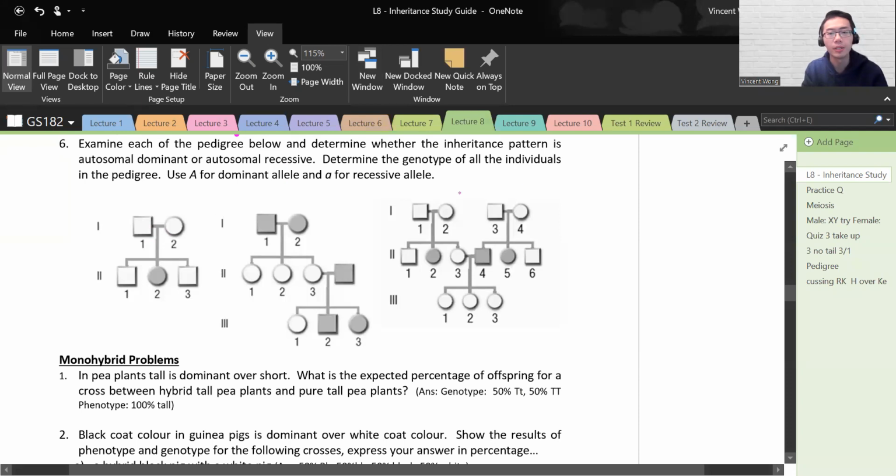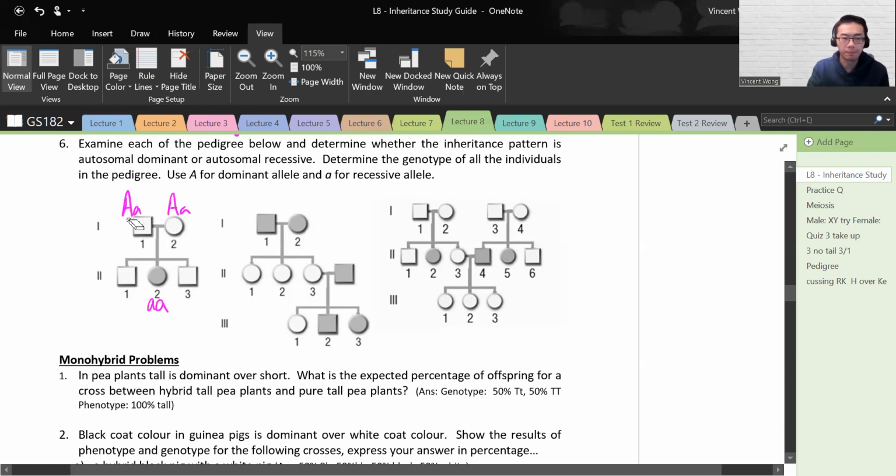Okay, so for example, for the first example here, this individual has the trait, and her parents do not have the trait. That is a key piece of information that tells you it is a recessive inheritance pattern. So this person is small a, small a, and the parents are big A, small a.